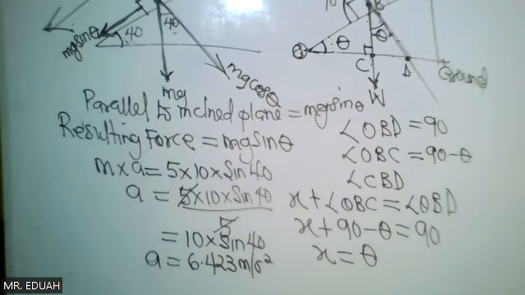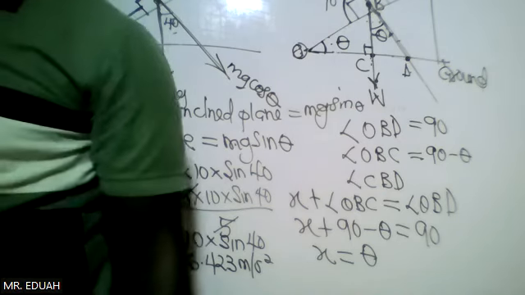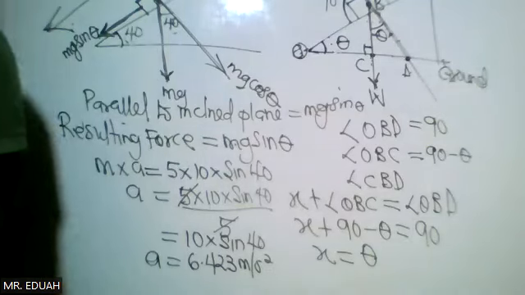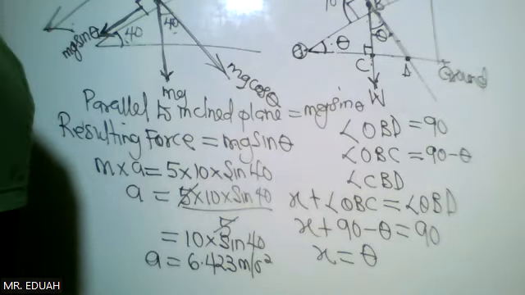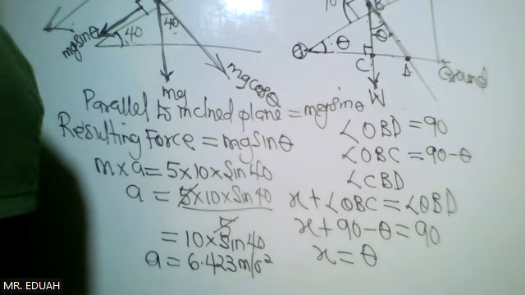Sir, please, can you take it again? A ring of mass 4 kg slides down a straight wire inclined at 30 degrees to the horizontal.